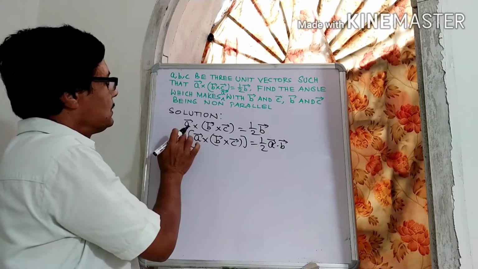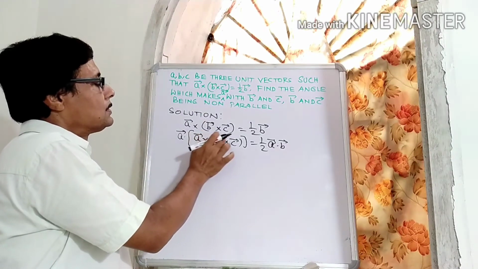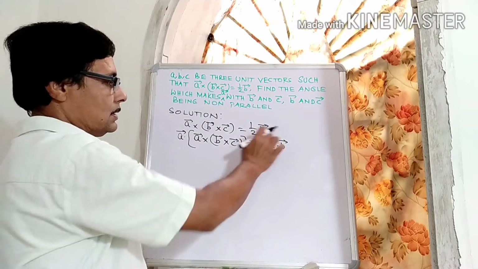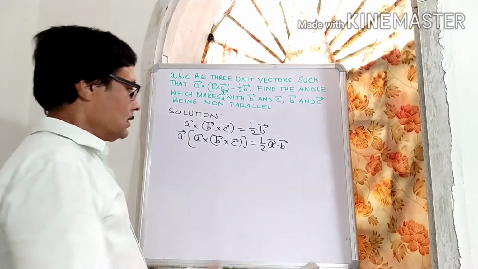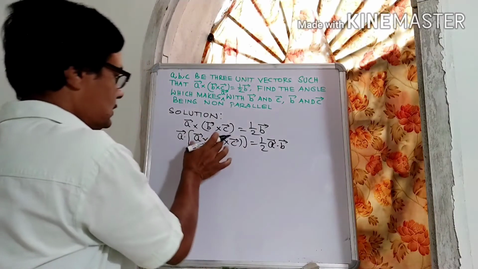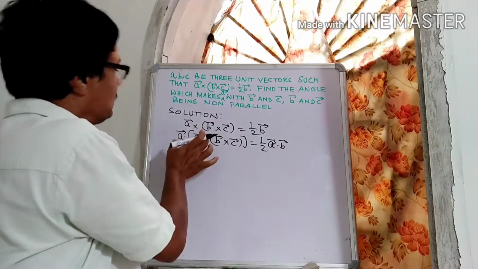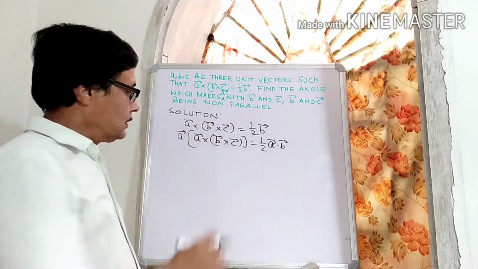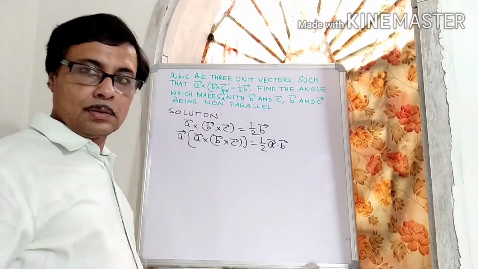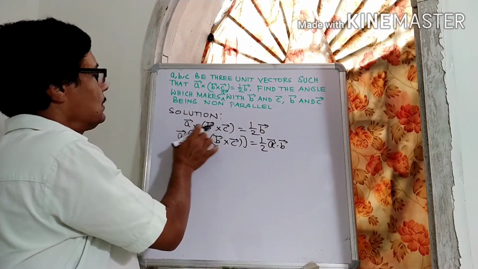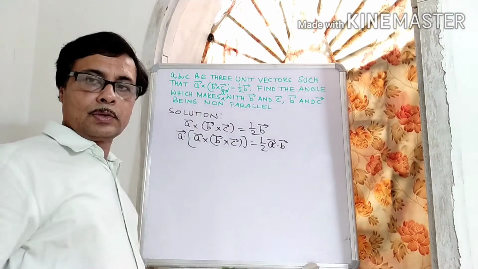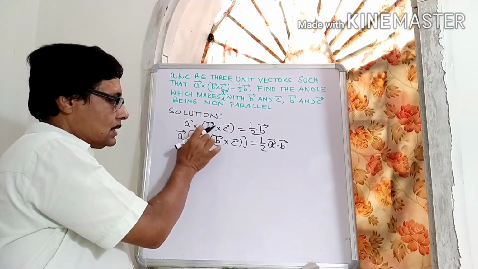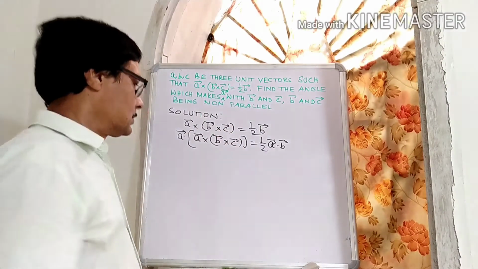The left hand side is A dot (A cross (B cross C)), and the right hand side is half of A dot B. Now you can see this is a scalar triple product of three vectors.